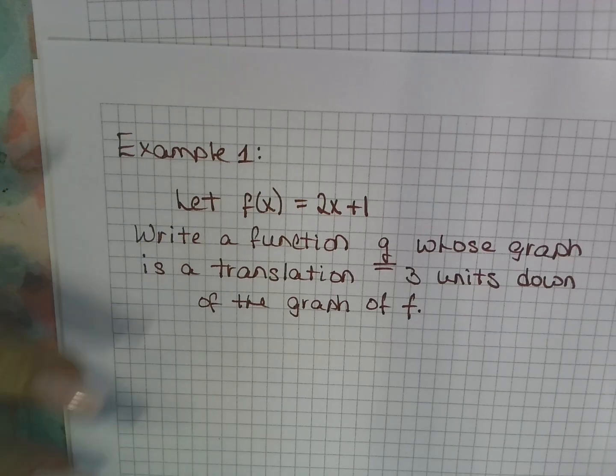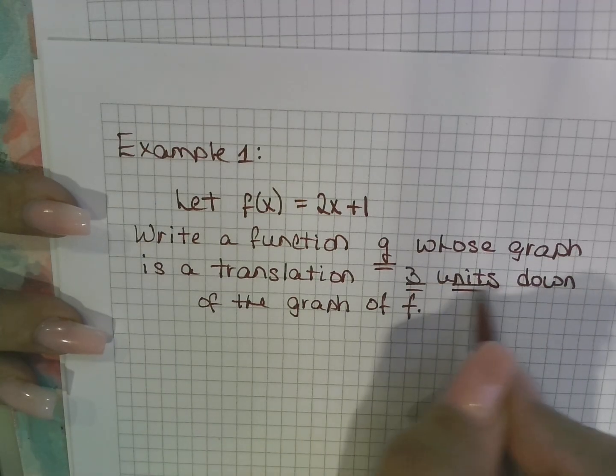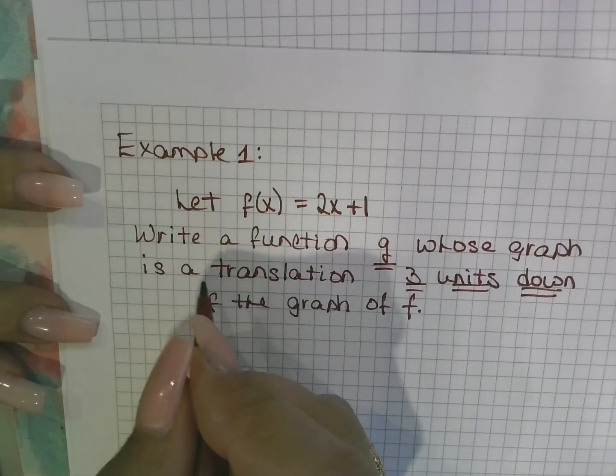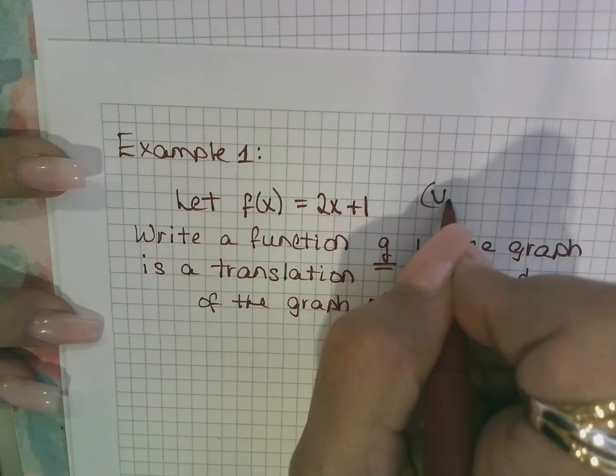All right, so again, if we're saying 3 units down, that means it is a vertical translation. So we can write that here.